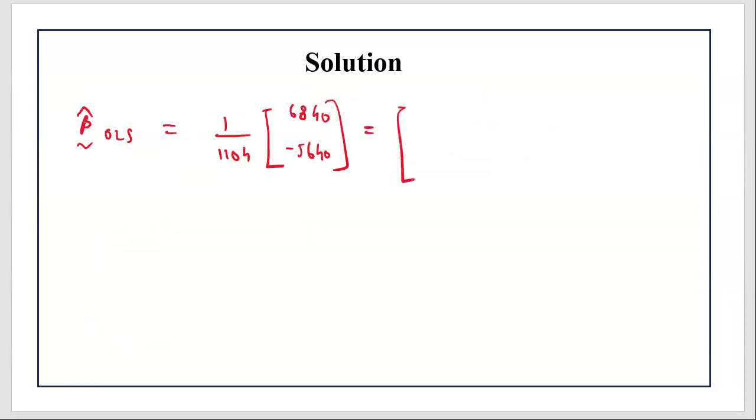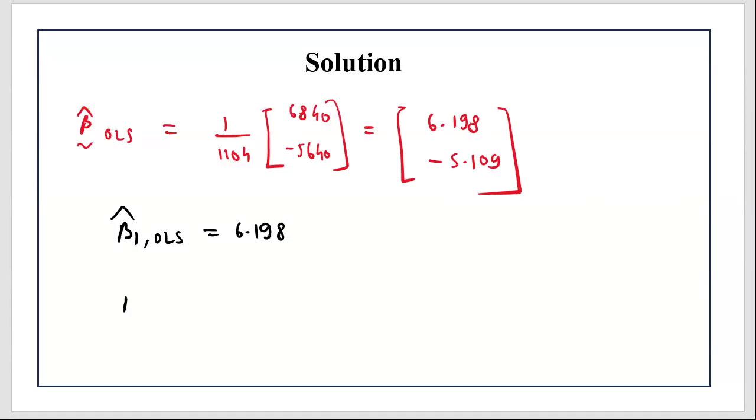And now if you divide this by 1104, this will come out to be 6.198, and this will come out to be 5.109. Right? So what you can say from here is that beta 1 cap OLS is simply 6.198. This is the estimated value. And beta 2 cap OLS is coming out to be minus 5.109.